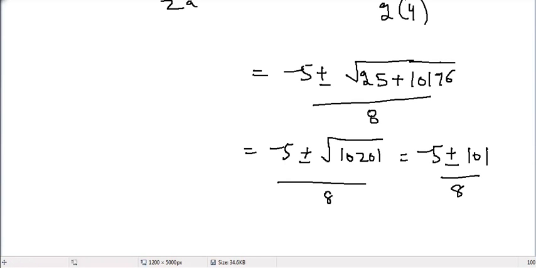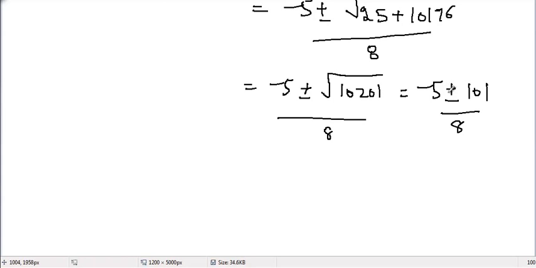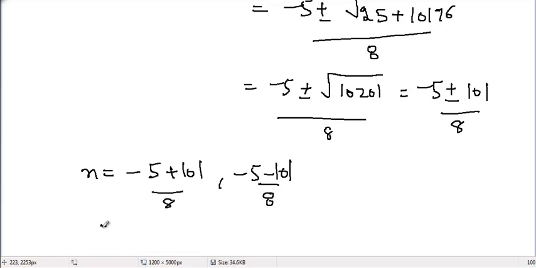So I need to consider both the signs here. For the first case I'll consider the positive sign, and for the second case I'll consider the negative sign. So we get two values of n here. n is equal to minus 5 plus 101 divided by 8 and minus 5 minus 101 divided by 8. So I get here 96 divided by 8, and here I get minus 106 divided by 8.